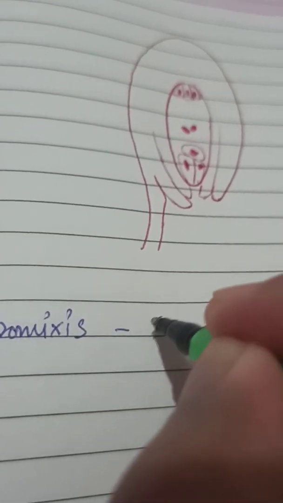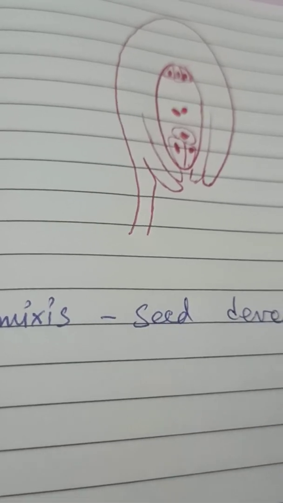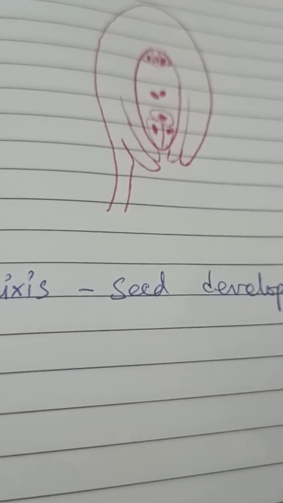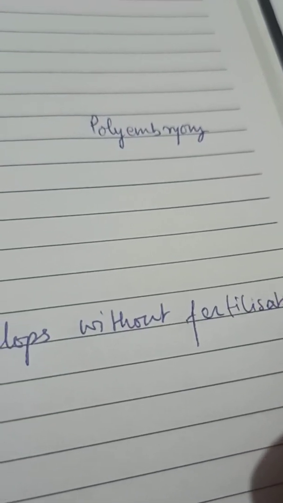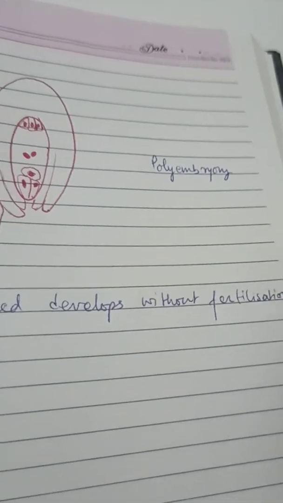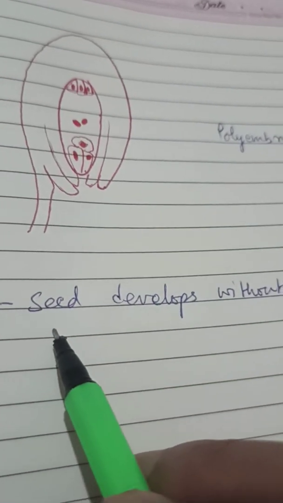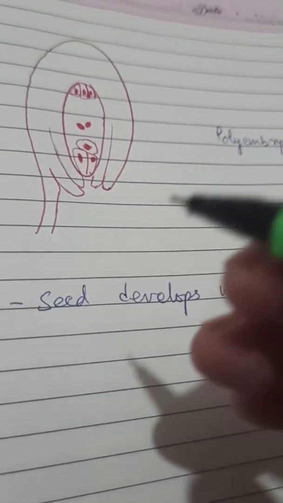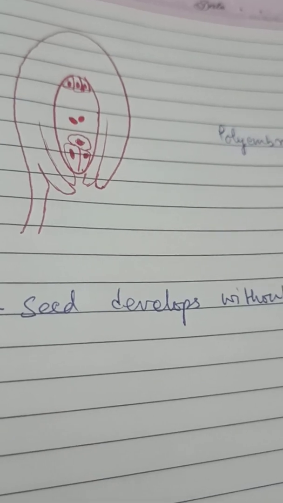Apomixis is a condition where seed develops without fertilization. But not only that, the main thing is that the development of the seed takes place without even any meiotic division.